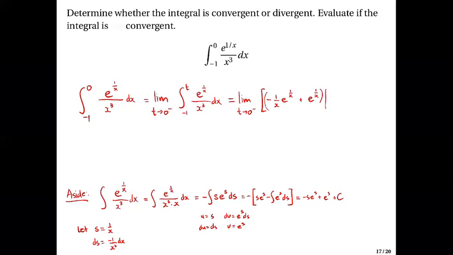Then we evaluate this from negative 1 up to t. Don't forget to write that limit there, limit as t goes to 0 from the left. We evaluate, and we'll just have negative e to the 1 over t over t, and then plus e raised to 1 over t.